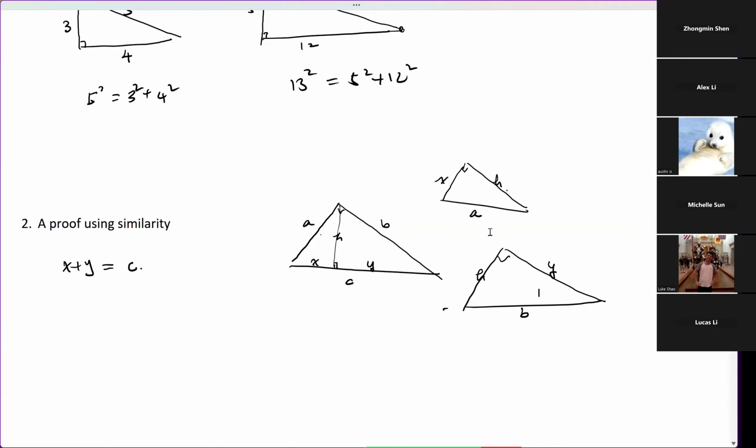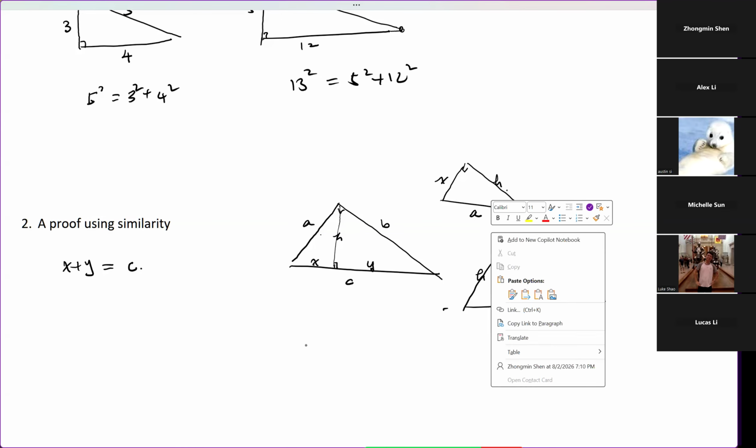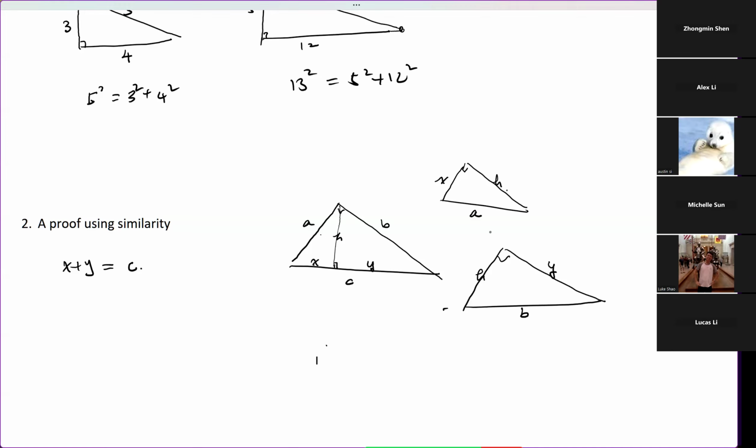So those three triangles are similar, because the corresponding angles are the same. Then you have the ratio of the corresponding sides. Let's check.